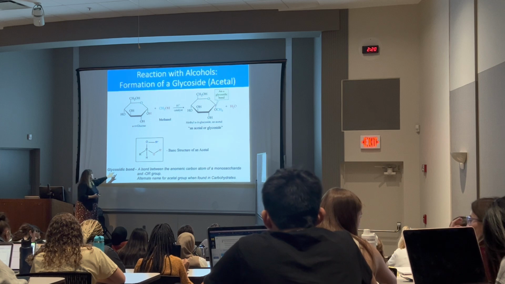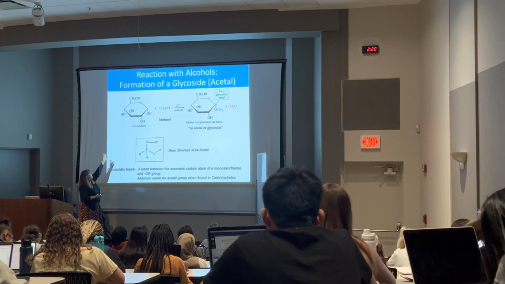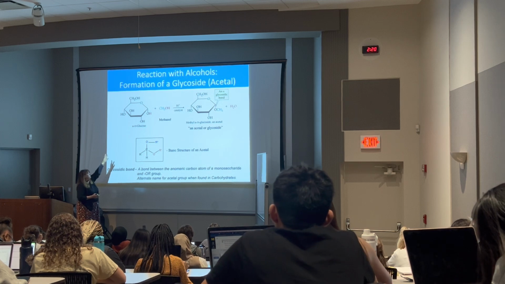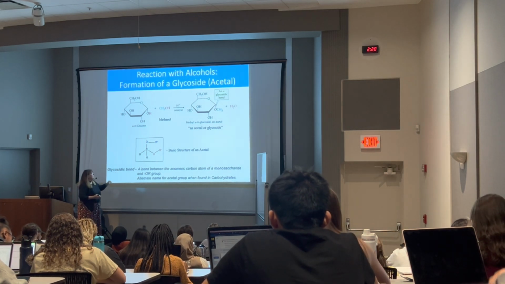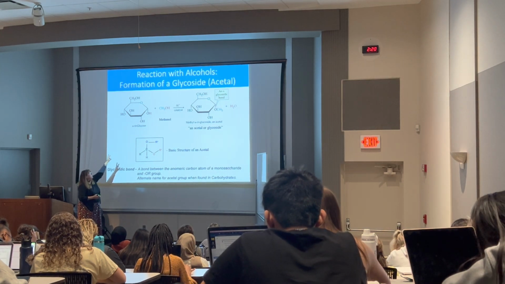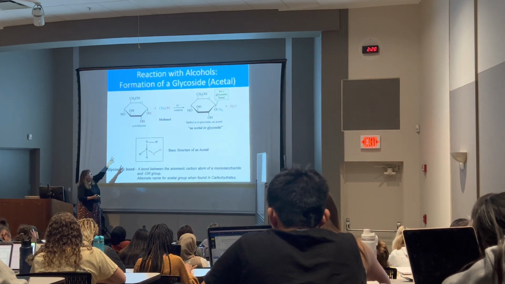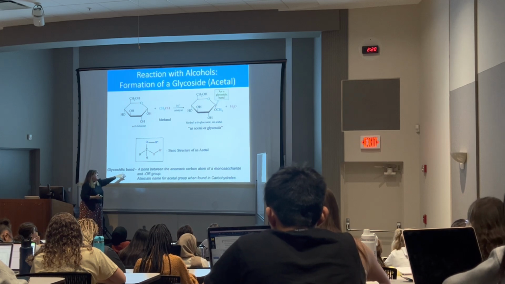And when you bond two of these, which we're going to see next, we're going to bond two monosaccharides together. We're going to have the same effect. The anomeric carbon is going to react with an alcohol off another ring group, and it's going to form a glycosidic bond.